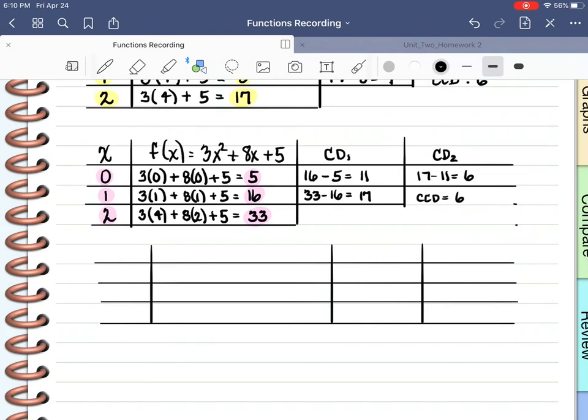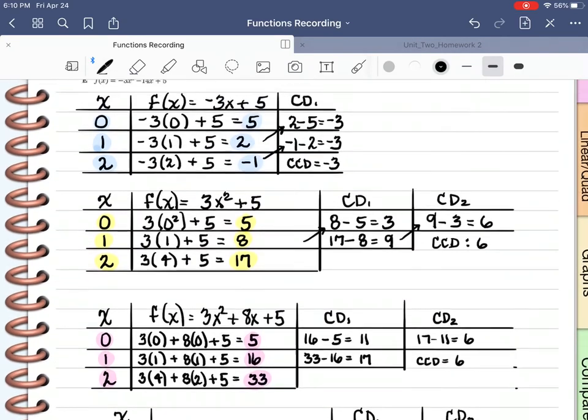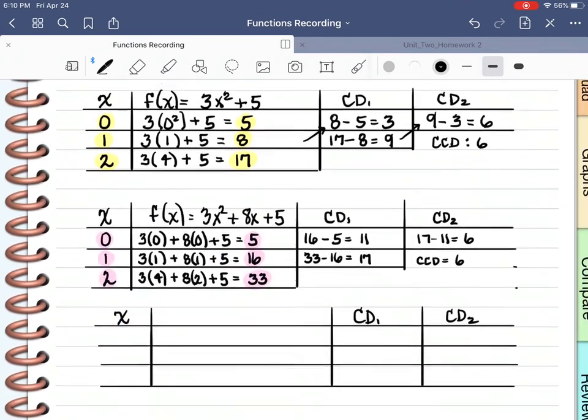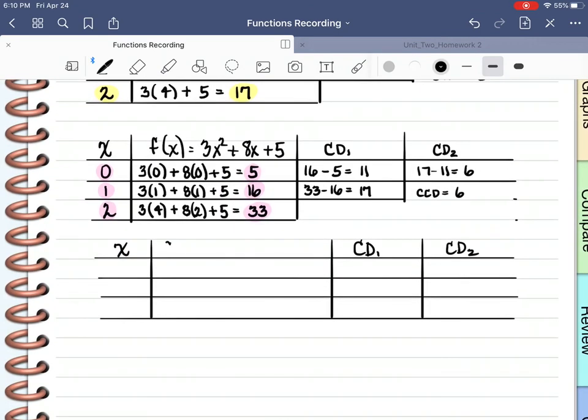There's the space for the first and second differences. And I'll have to refer back up there to get my function. This is E. Negative 3x squared minus 14x plus 5. This one looks promising.